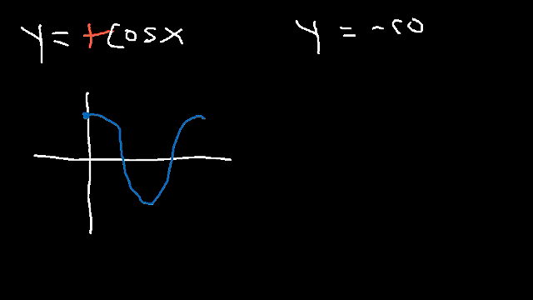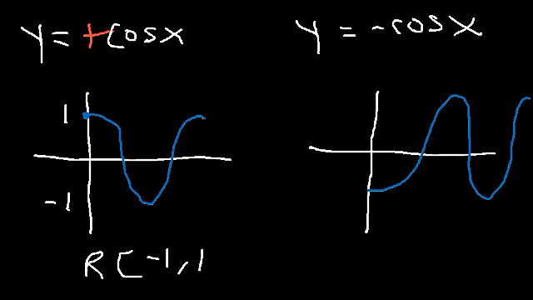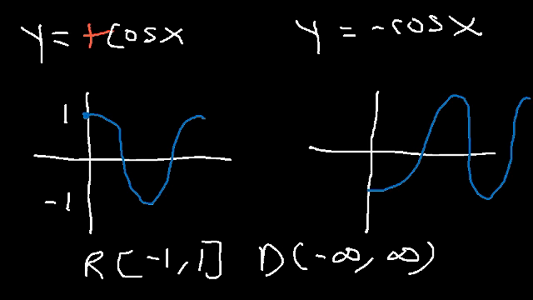Negative cosine starts below the x-axis, and then it goes up. The amplitude is 1 in this case, which means the y values vary from -1 to 1. So the range is the same as the sine function. And because it's a periodic function that goes forever, the domain is all real numbers, -infinity to infinity.